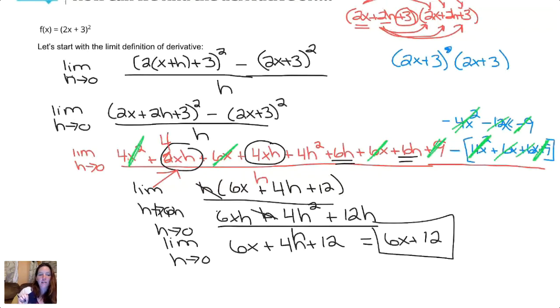So I multiplied wrong there. That should have been a 4xh right there, which then I followed that mistake down all the way. So I should have gotten 8x here. Now this won't go away.